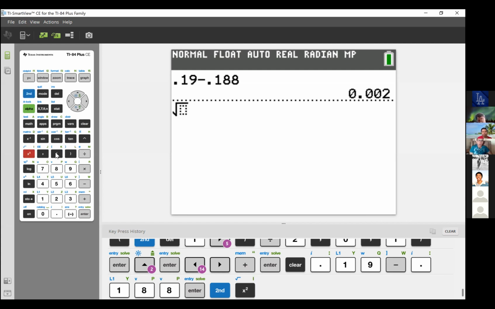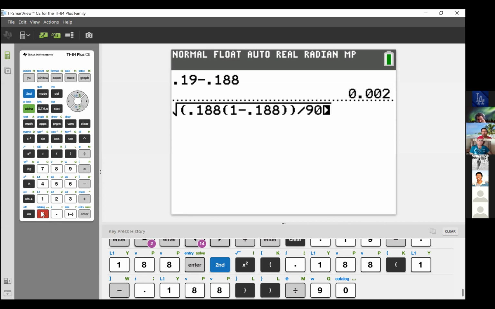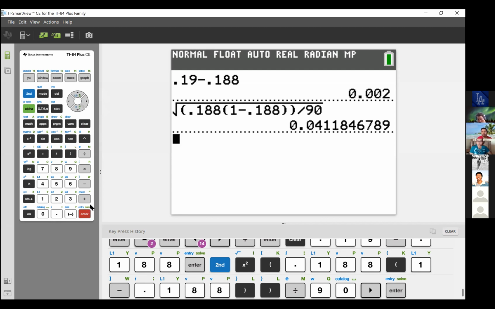And then you put parenthesis 0.188, and then times 1 minus 0.188. Close that parenthesis, and now divide by 90. Everything's still underneath the radical, and move that out of the way and press enter. And that's how you got the denominator, Victor. Thank you. No worry.